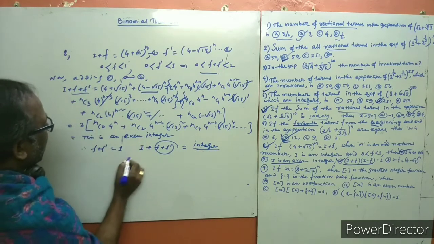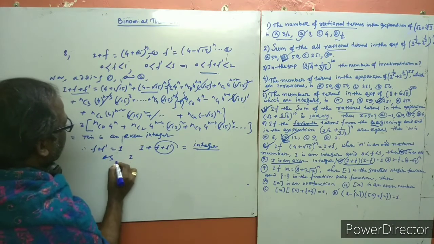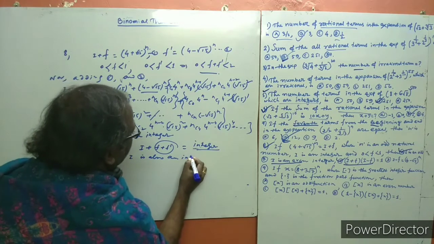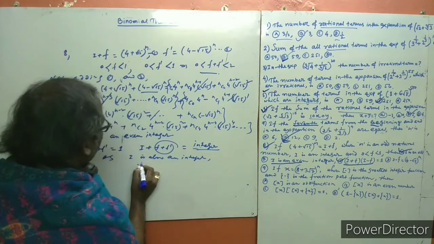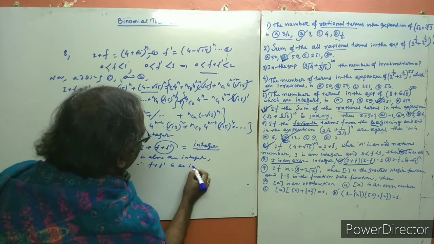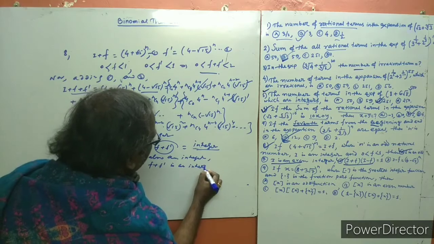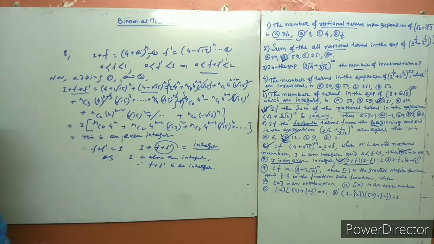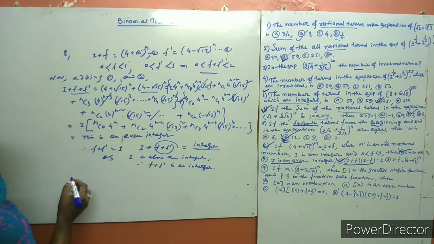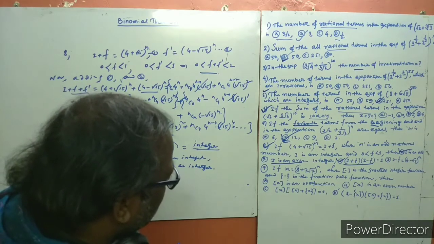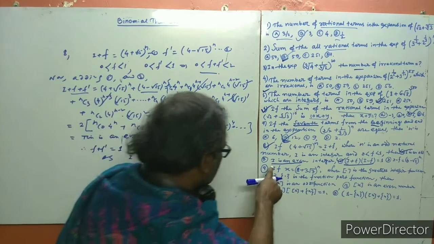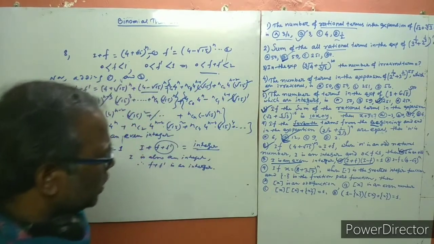So as I is also an integer, therefore f plus f dash is an integer. But I want to show whether the expression is an even integer or an odd integer.